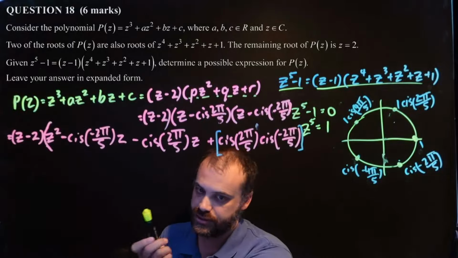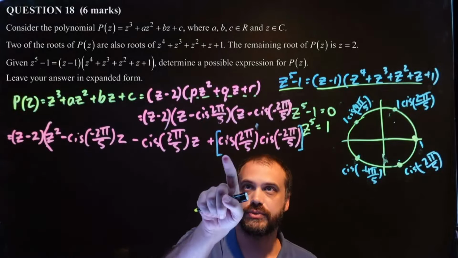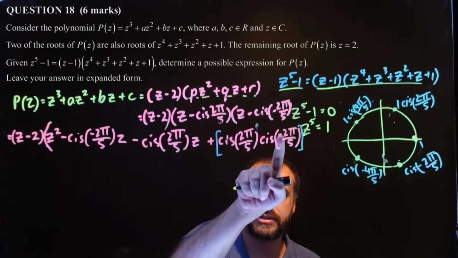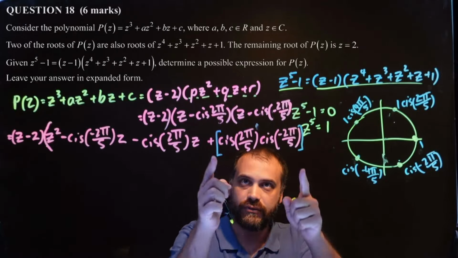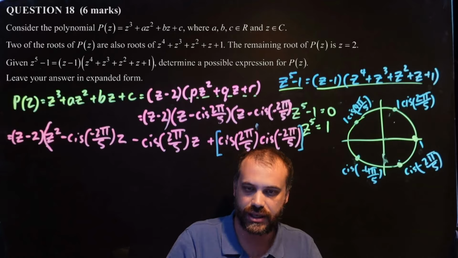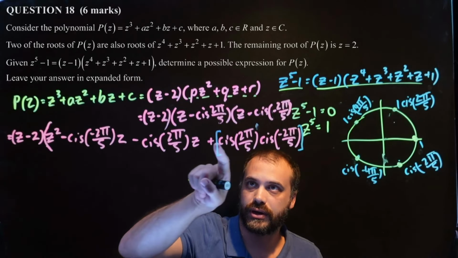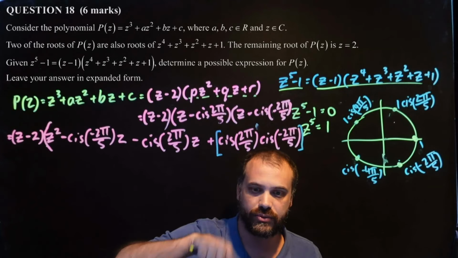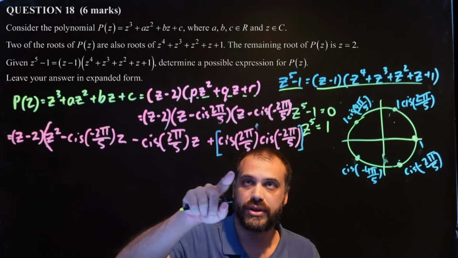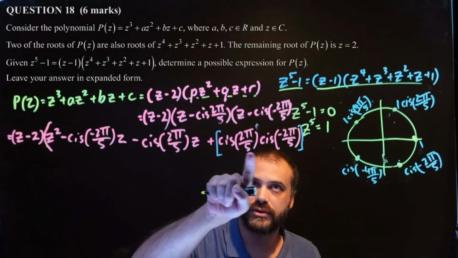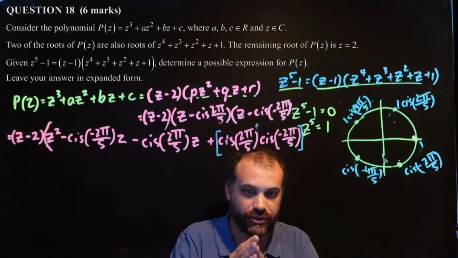Boy. Okay, so something pretty wild happens here because we've got our cis 2 pi on 5 times cis negative 2 pi on 5. If we're multiplying our complex numbers together, we're going to multiply our moduluses together, 1 times 1, which is 1. But then we've also got our angles here, and we add those together.